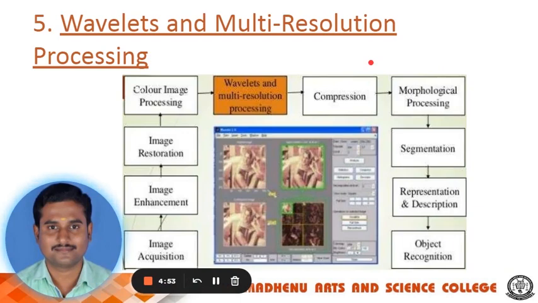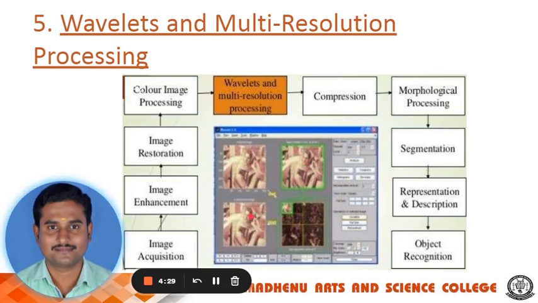Here is the diagrammatic representation of wavelet and multi-resolution processing. Four different pictures are shown in the diagram. The first picture deals with raw resolution, whereas in the second picture we are improving the resolution of the image so that it looks a little clearer when compared to the previous image.